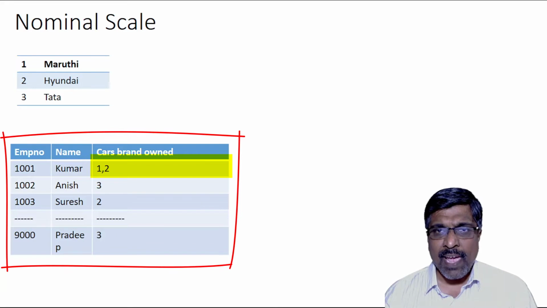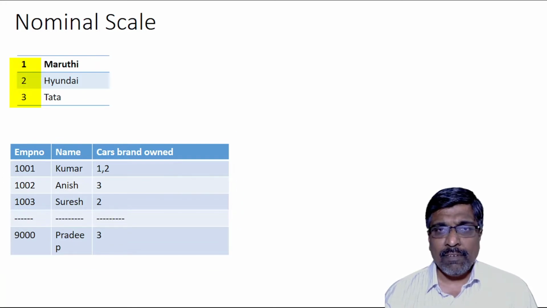This is the way of measuring the type of car an employee owns. So we can find out the frequency, or how many employees own Maruti, or how many own cars with the brand name Tata. This kind of scale is called a nominal scale.